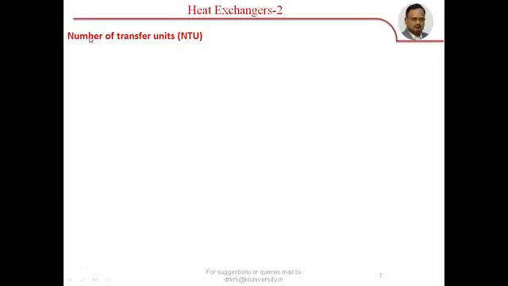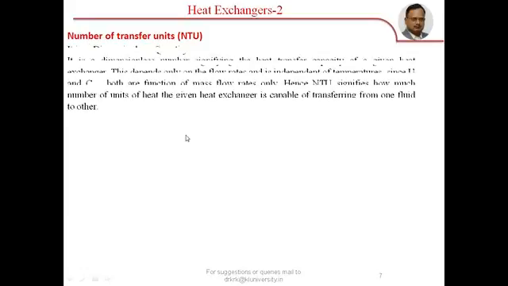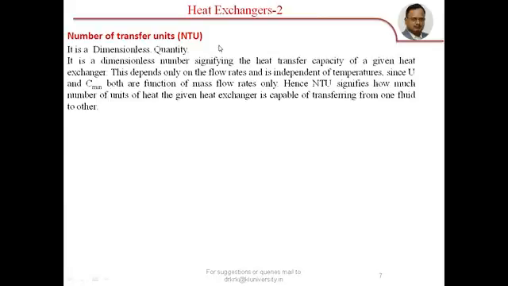Next term in this method is number of transfer units. Number of transfer units is a dimensionless quantity. It is given by the formula UA by C minimum. We will come to that. Here C minimum is the minimum heat capacity fluid, U is the overall heat transfer coefficient, and A is the area.